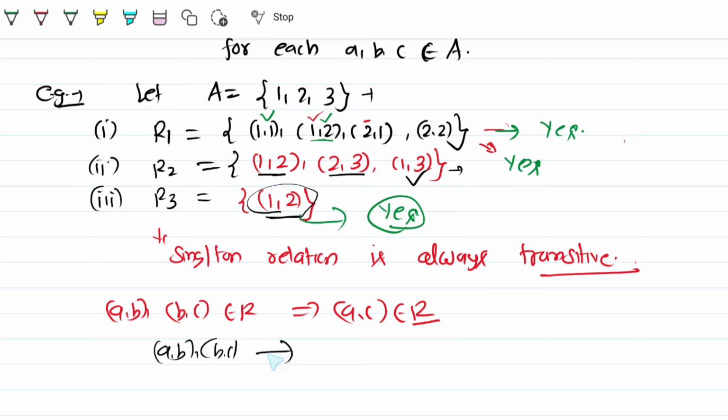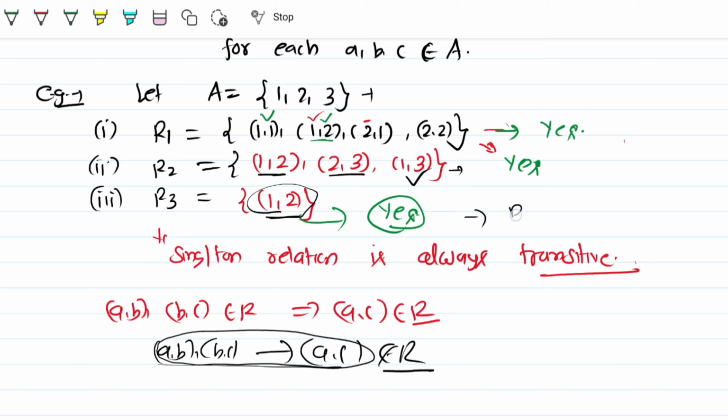So how can you say (a,c) does not belong to R? It means the information is insufficient; we are not having any connecting pairs, so you cannot decide that it is not transitive. So in mathematics, we take the positive statement that by default it is transitive.